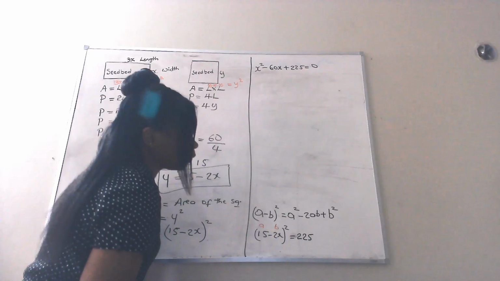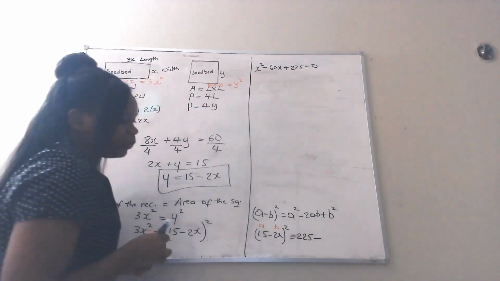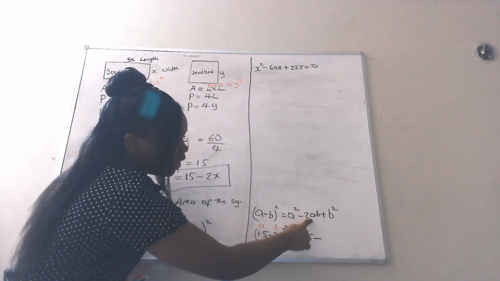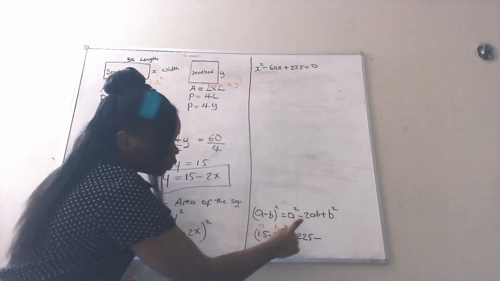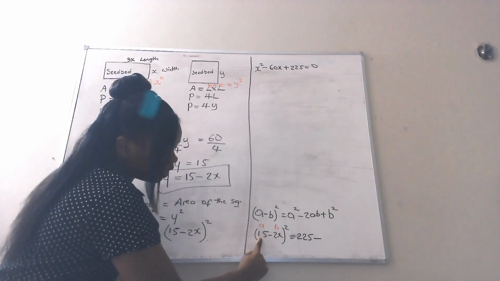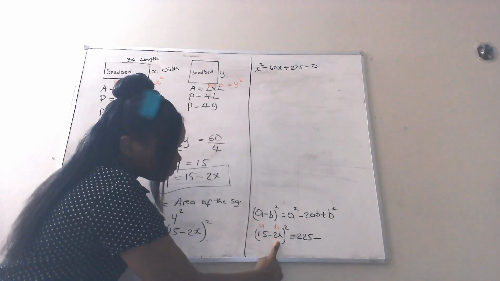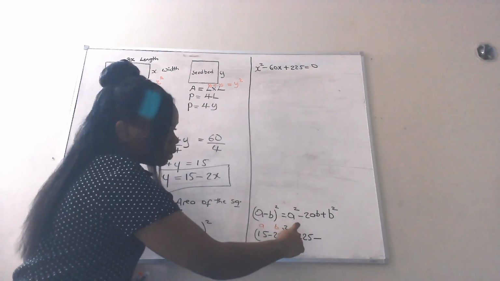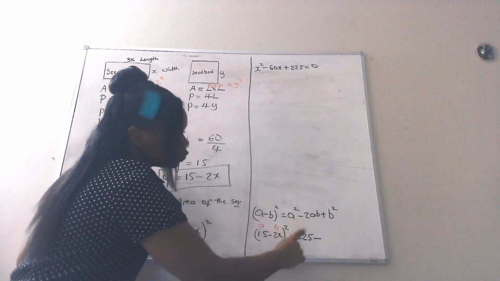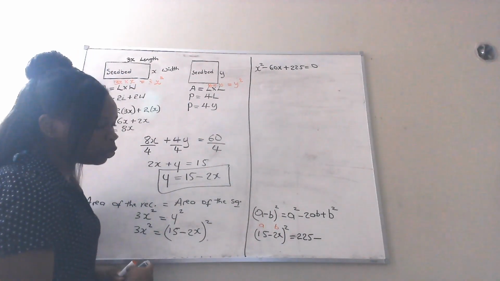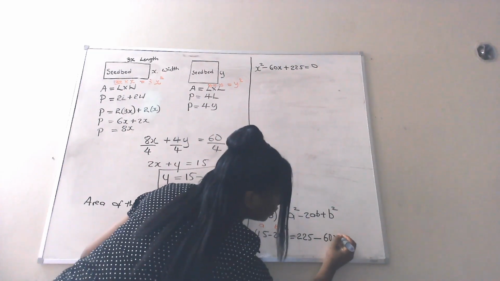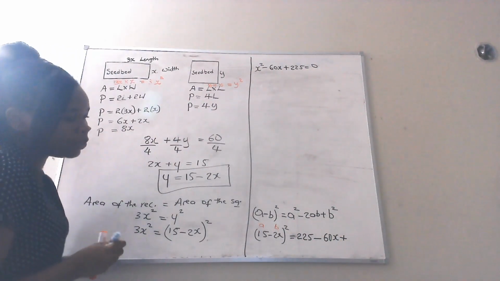So 15 squared is 225, minus 2ab. So we're going to multiply A times B. So 15 times 2x, that is 30x. And we're going to multiply that now by 2. So 30x times 2, that's 60x. Plus b squared.